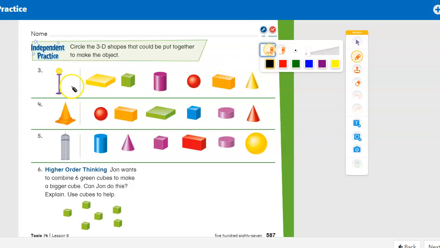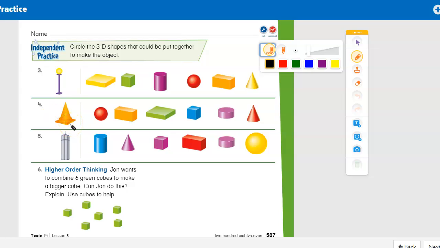In number 3, we see a circle, and then we see a very long shape that is here. Which 2 shapes were put together to make this object? I'm going to circle the shapes it used to make this object. Same for number 4.